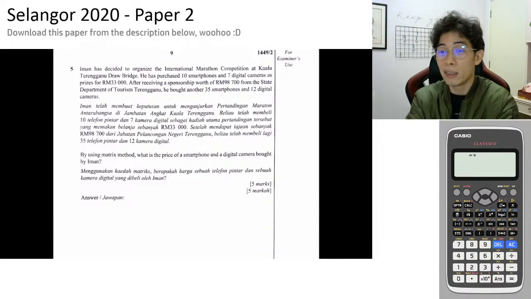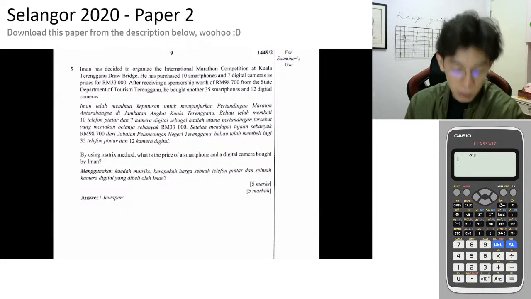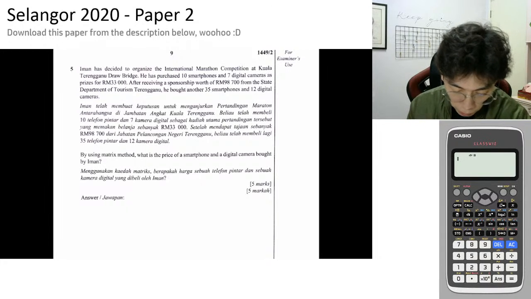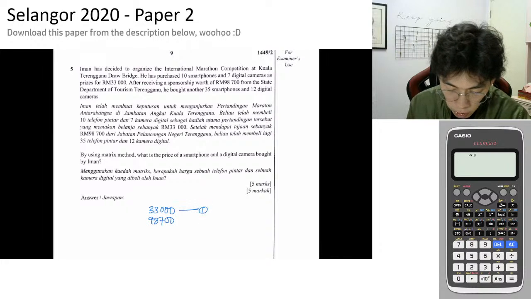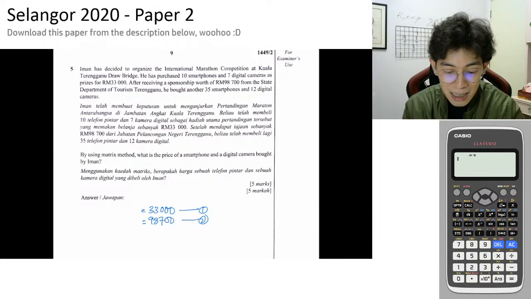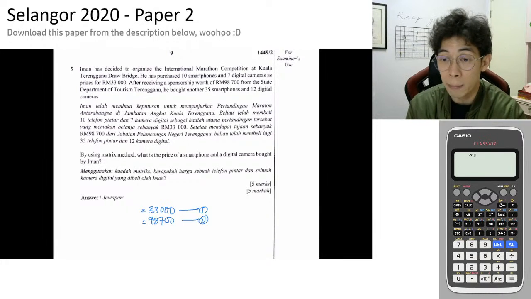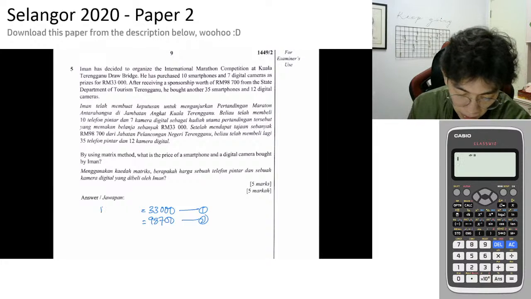Those are the 2 main keywords to form the equations. 33,000 and 98,700: first equation and second equation. In the first, 33,000, there are 10 smartphones and 7 digital cameras. So I will write 10 smartphones plus 7 digital cameras.